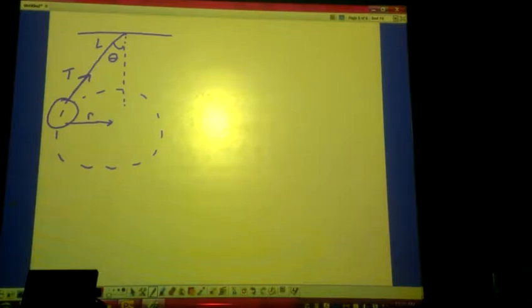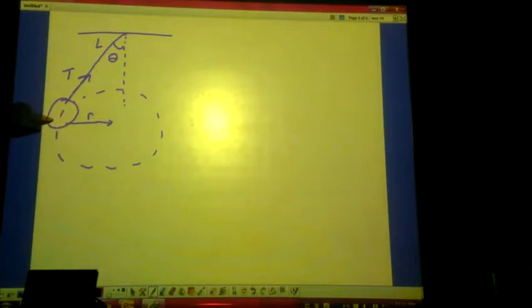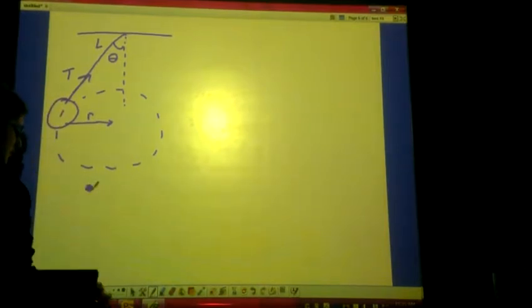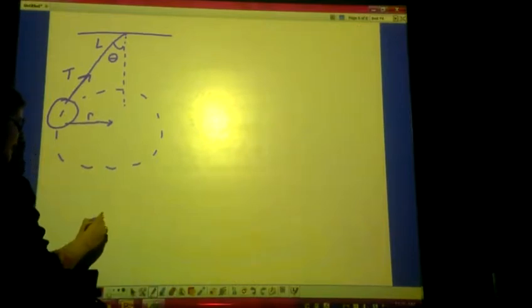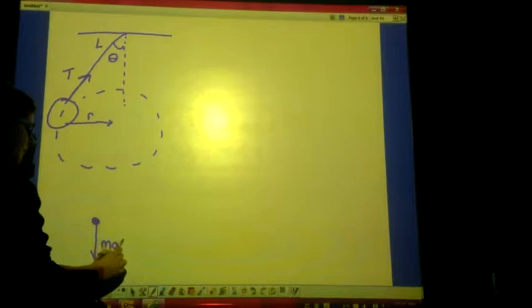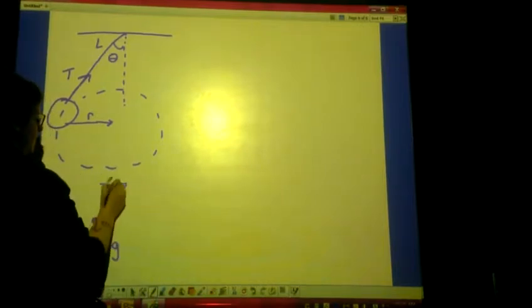Okay? Let's draw a free body. I want to draw a free body for that particular mass. If we draw the free body, I know that I have tension acting on it, and then also that mass is going to have a weight force. So my free body diagram would have weight force straight down, and then the tension is at an angle.